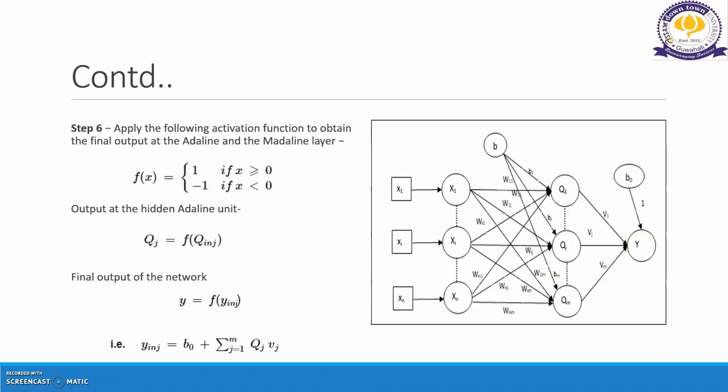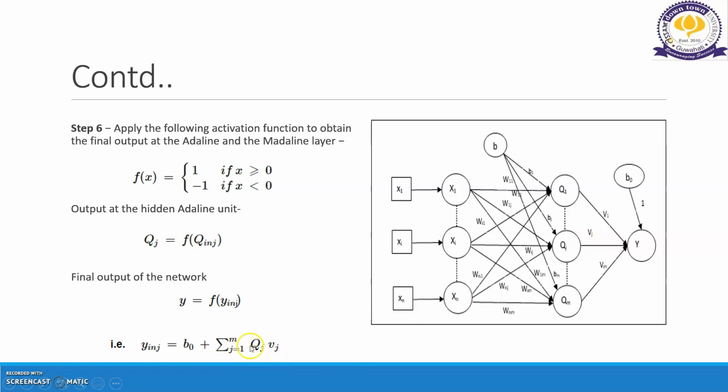See, we already know that there are multiple Adaline units in the hidden layer, and there is only a single Madaline unit in the output layer. That means this m number of Adaline units are connected to this Madaline unit with the associated weight.